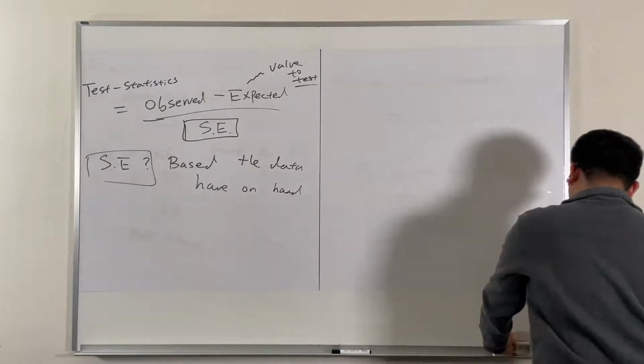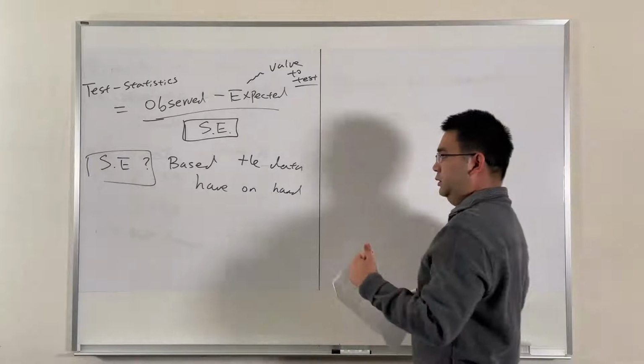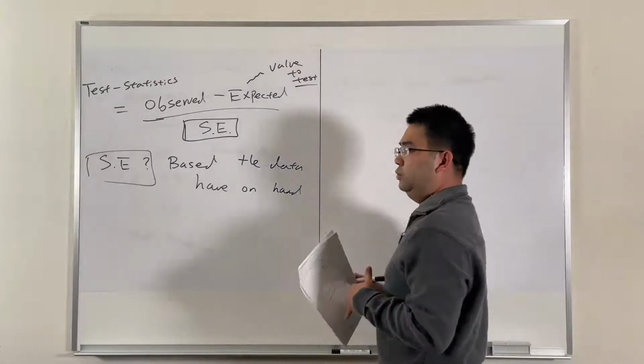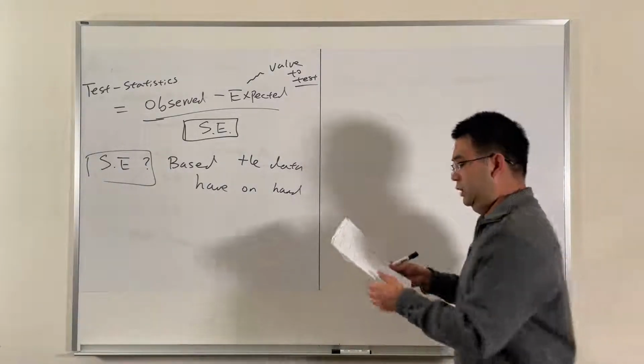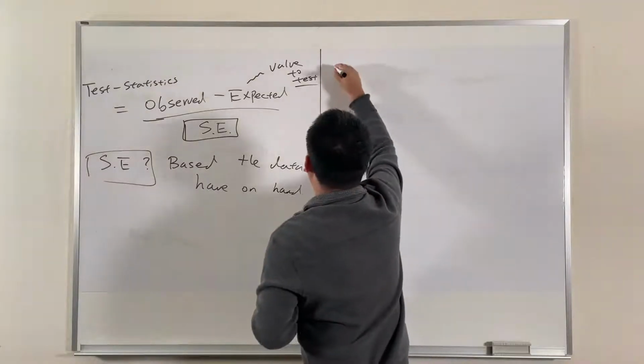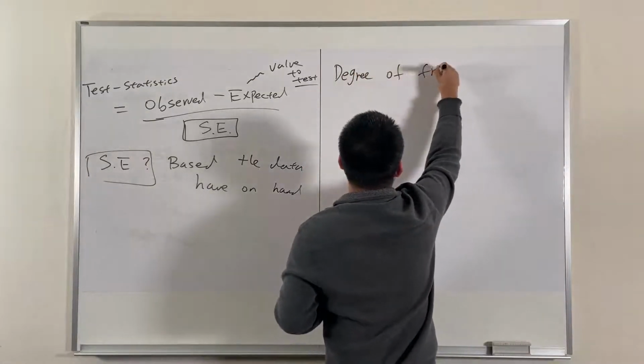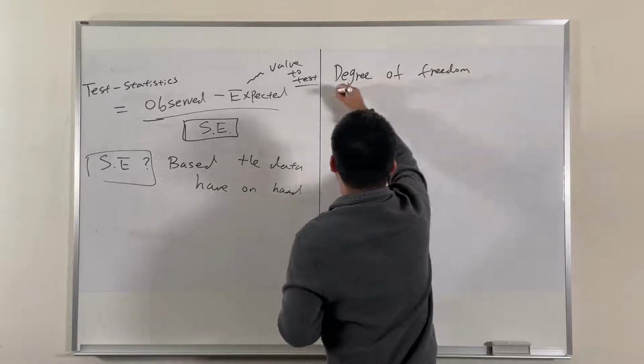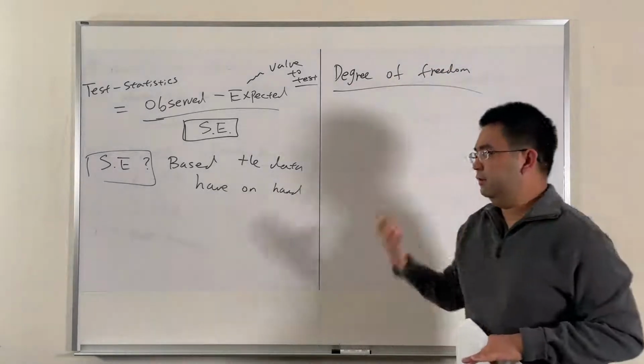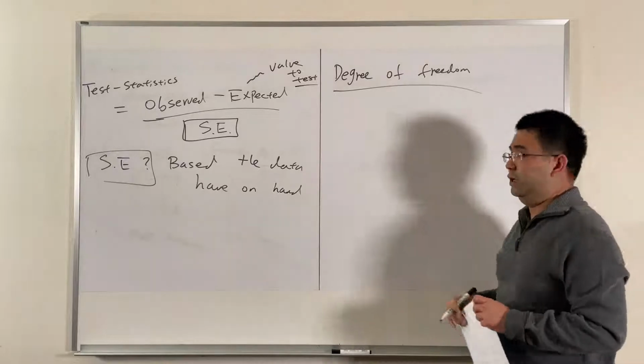One sub-concept below standard error we need to pay really close attention to is the concept of degree of freedom. This plays a major role in calculating your standard error.